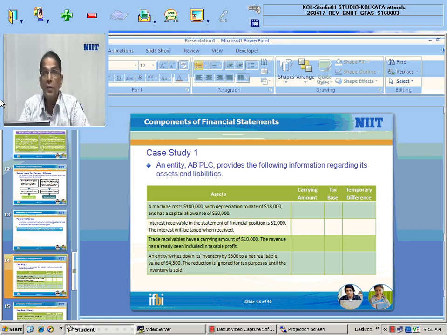But so far as the tax law is concerned, this interest income will be taxed only when actually received on cash basis. So the tax base is 0 because the interest has not yet been received. Tax law will recognize it as income only when it is received. So the tax base of this item of asset is 0, whereas the carrying amount is 1,000. So the temporary difference is 1,000.